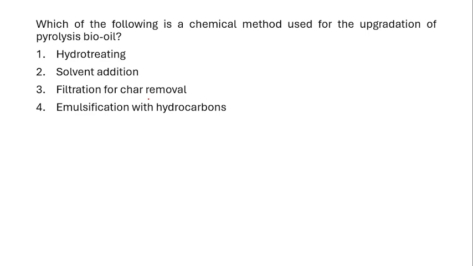For upgradation of pyrolysis bio-oil, we use many chemical methods. The options are hydrotreating, solvent addition, filtration for char removal, and emulsification with hydrocarbon. What is the method used in chemical treatment? The right answer is hydrotreating. The others are physical methods.